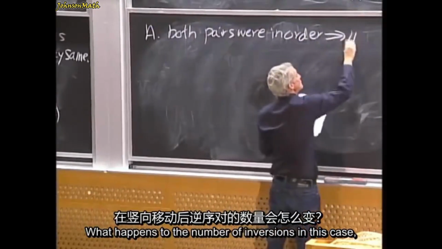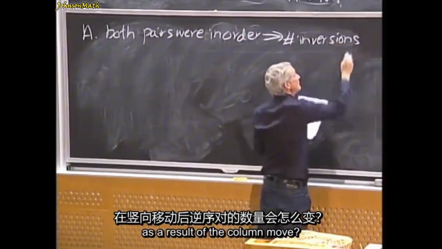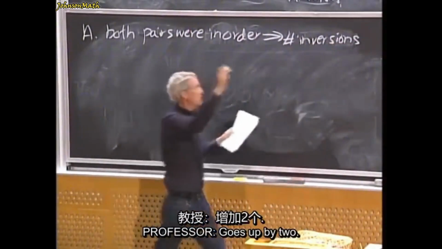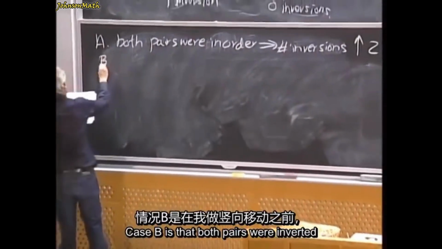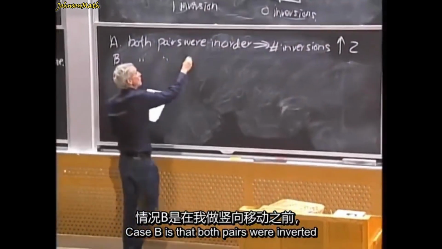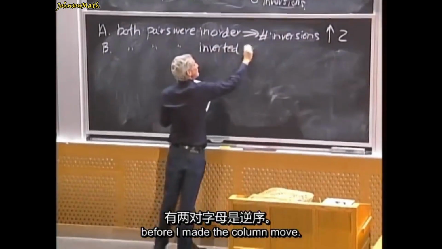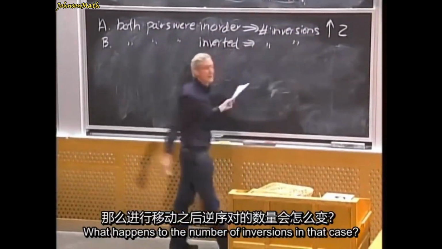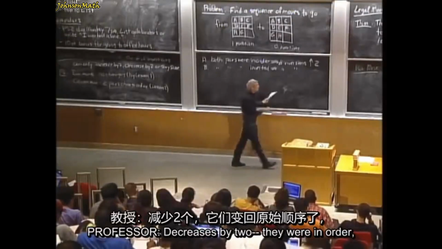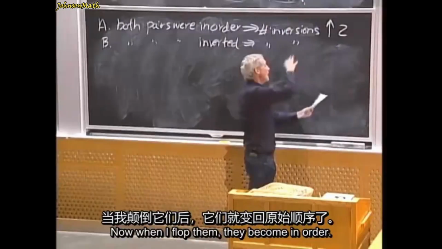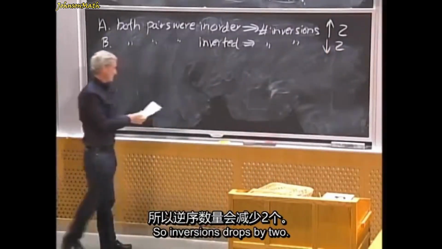What happens to the number of inversions in this case as a result of the column move? Goes up by 2. Case B is that both pairs were inverted before I made the column move. What happens to the number of inversions in that case? Decreases by 2. They were inverted, now when I flop them, they become in order. So inversions drops by 2.